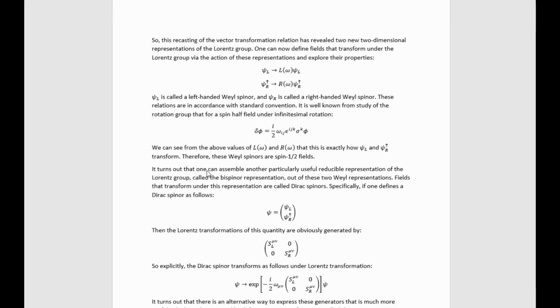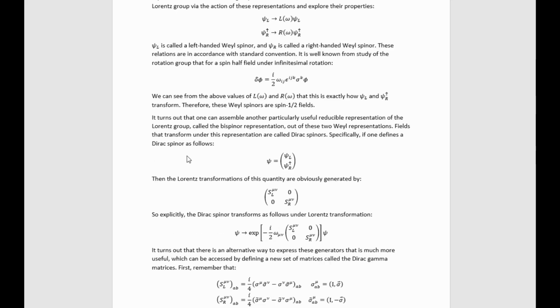It turns out that one can assemble another particularly useful reducible representation of the Lorentz group called the bispinor representation out of these two Weyl spinors. Fields that transform under this representation are called Dirac spinors.